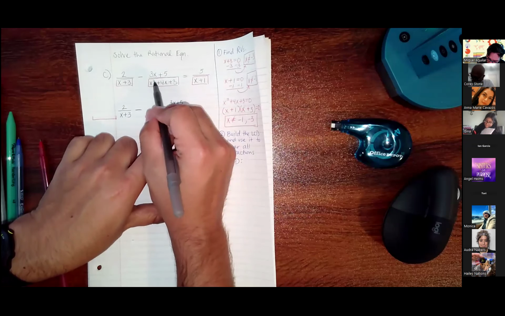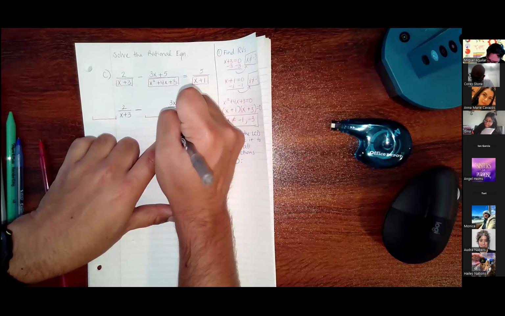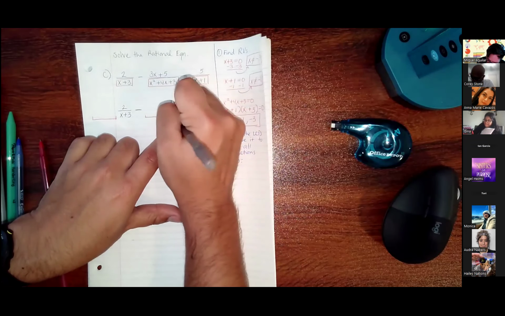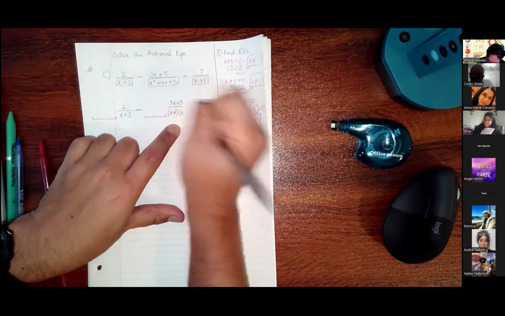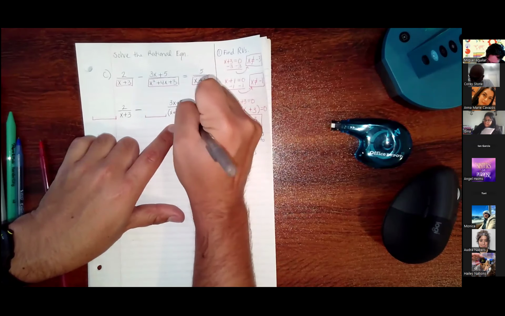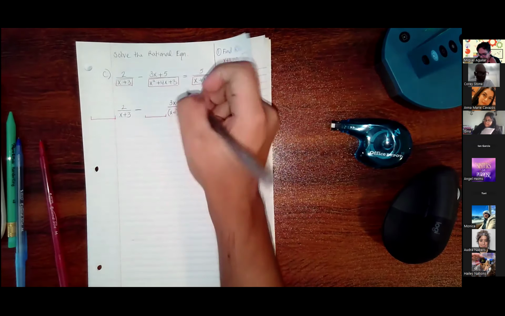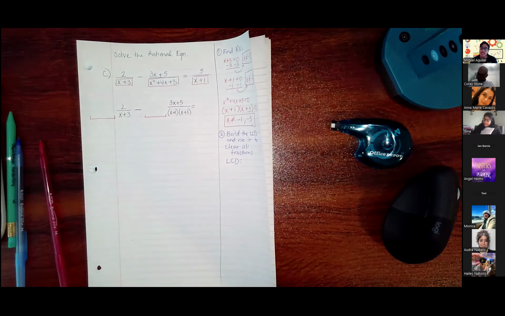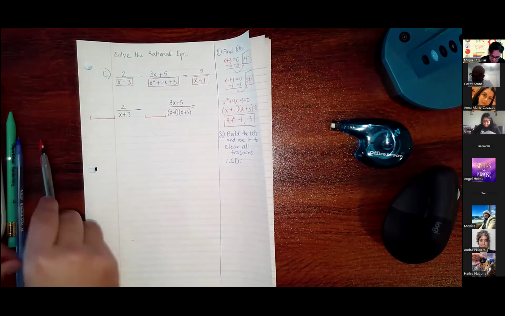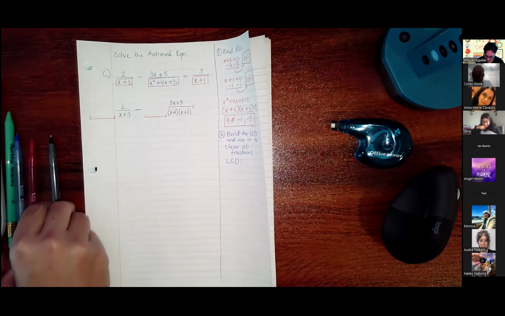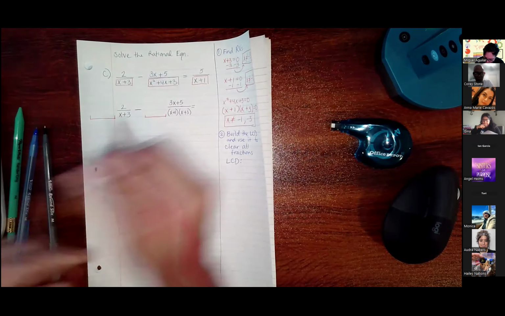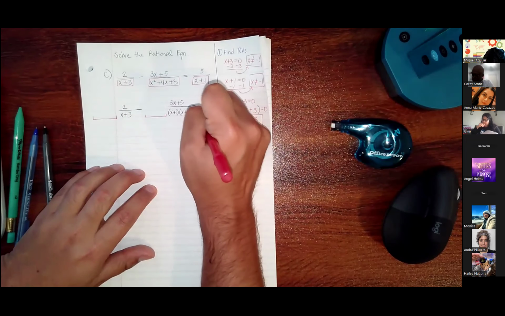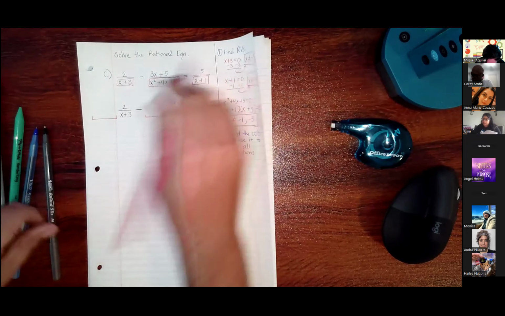So instead of putting x squared plus 4x plus 3, I'm going to write it as x plus 1 and x plus 3. The reason I'm writing it in factored form is just so that I can see what's going to get canceled out once I build my LCD. And then finally, I'm going to put a little bucket here.